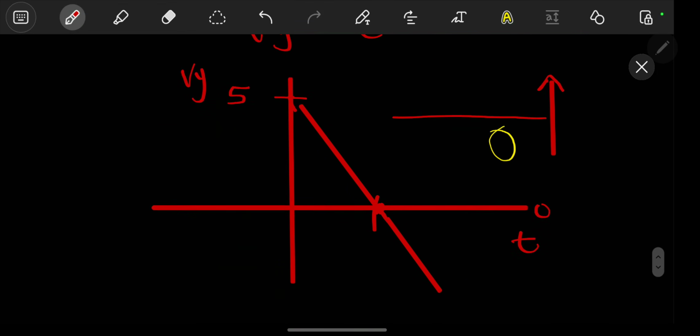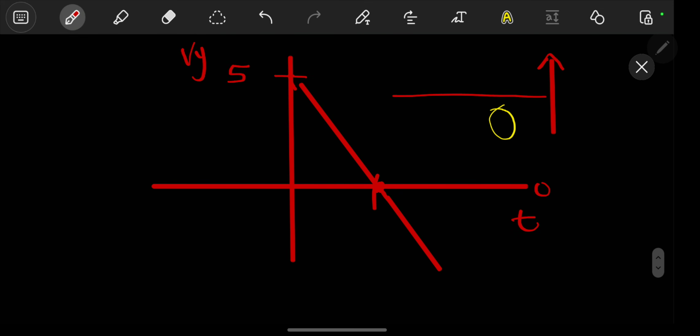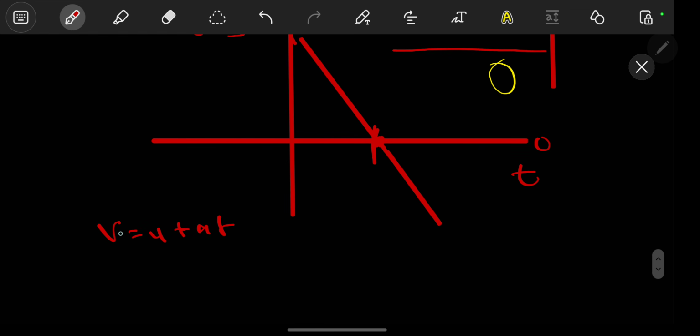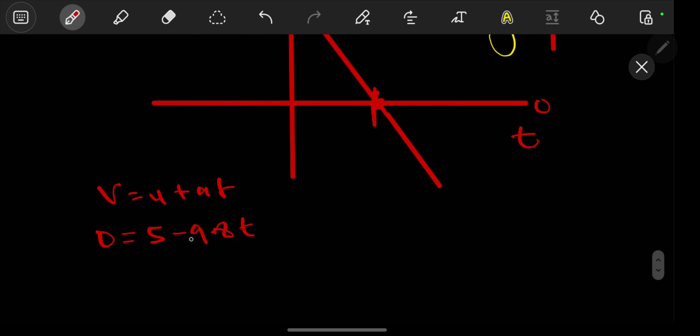So let's just find the time it will be at its maximum height, using v equals u plus at. So we know that our final v is 0, and our u is equal to 5. We have minus 9.8, then we have the time. Then taking the 5 here, we have negative 5 equals negative 9.8 t.